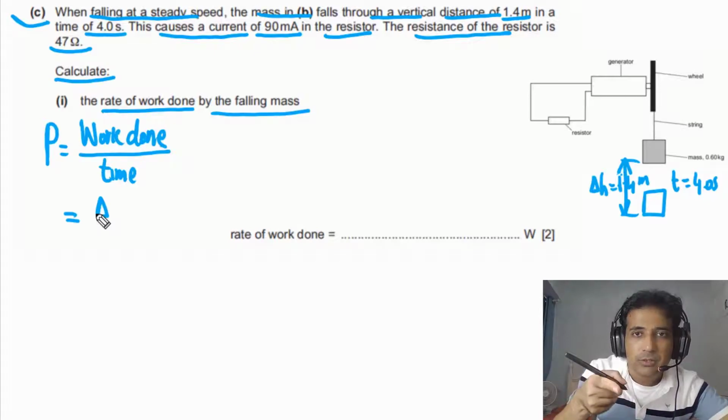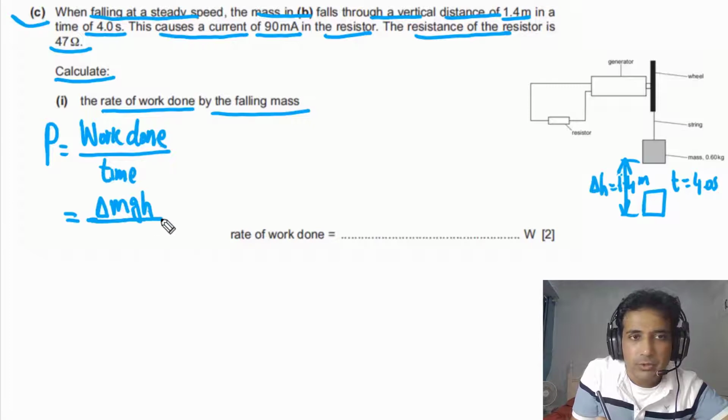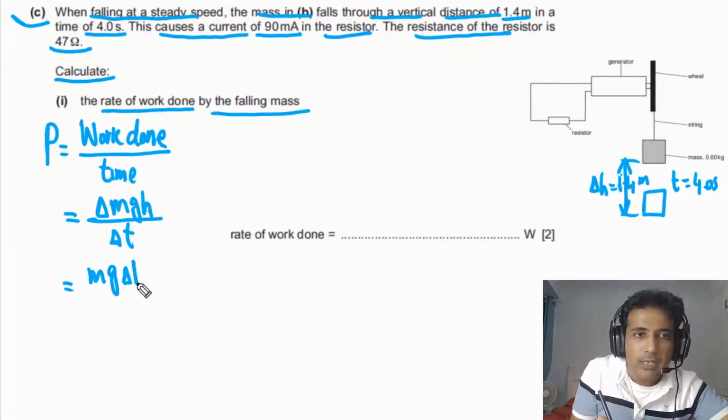So it means this mass is losing gravitational potential energy. So we can write this is equal to change in gravitational potential energy divided by time taken. Simply we can say this is equal to mg times delta h, because mg is constant, so mg delta h divided by delta t.